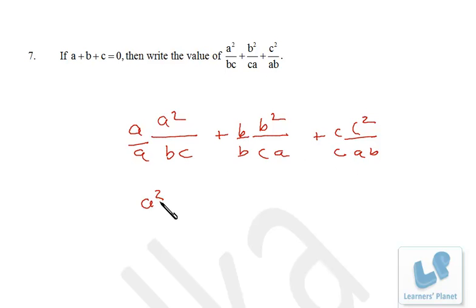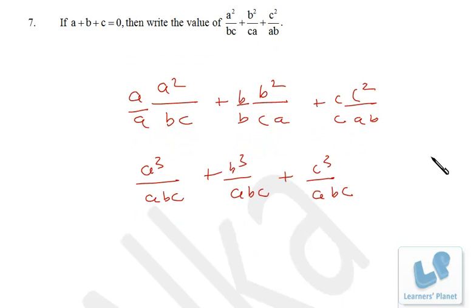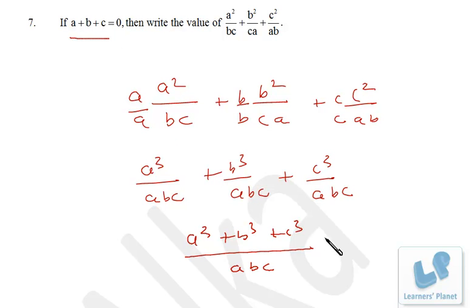So it will be a cube by abc plus b cube by abc plus c cube by abc, right? Now just take LCM. It will be a cube plus b cube plus c cube by abc. Now we have just discussed a cube plus b cube plus c cube will be 3abc if a plus b plus c is 0, right? Here a plus b plus c is 0, right? So it will be what?